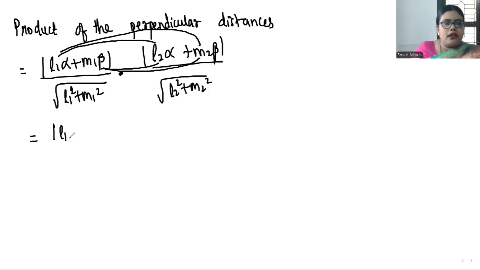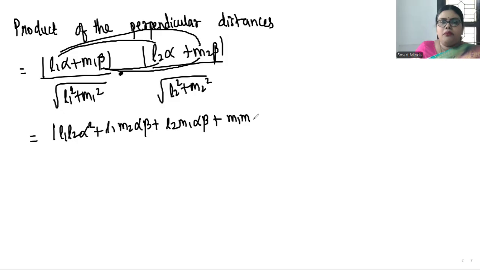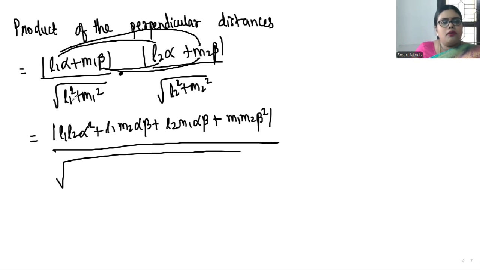So that is L1 L2 alpha square plus L1 M2 alpha beta plus L2 M1 alpha beta plus M1 M2 beta square by root over. Now let us multiply these two terms also. The denominator two terms also we will multiply, the same way how we multiplied the numerator.